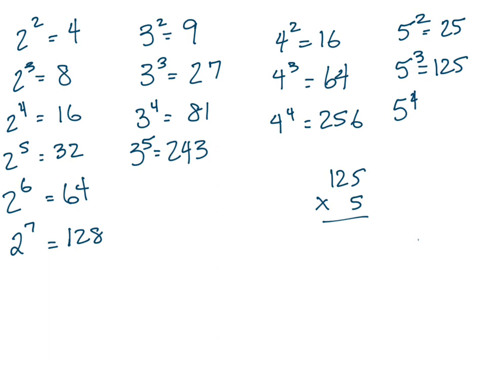I think this one's 625. Okay. I would say if you can know these, you'd be pretty set on these kinds of problems where you have to take the cubed root of whatever or the 5th root of whatever. Any questions on these? Everybody okay?